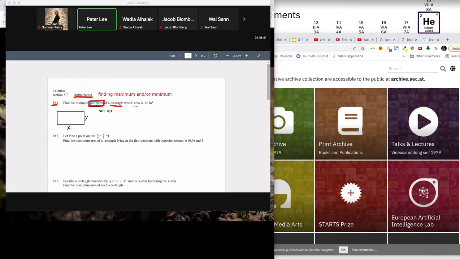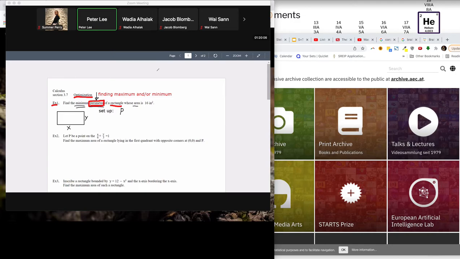In this case, it says find the minimum perimeter. If you see the word minimum or maximum, then the function that comes immediately after minimum or maximum is what we call the objective function. So in this case, P, the perimeter.